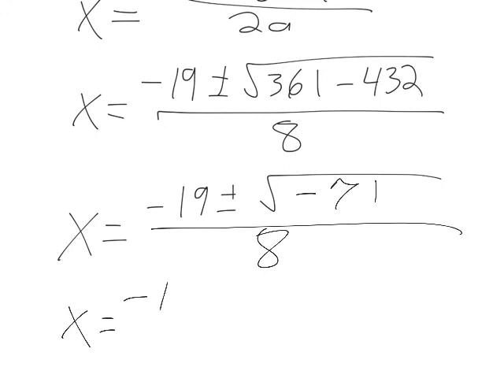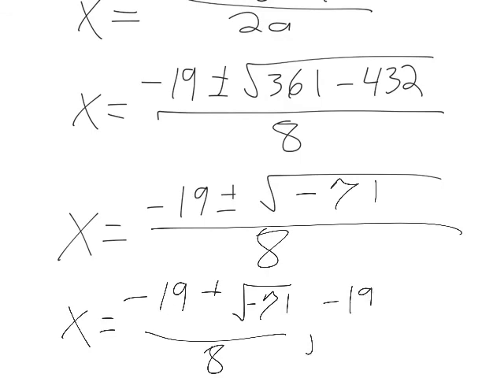All right, so negative 19 plus or minus, well, we really can't reduce this any, so I guess maybe writing it in 2 pieces. Negative 19 plus the square root of negative 71 over 8. And negative 19 minus. This is what you'll use if you run into a WebAssign problem. Just split it up like that, okay?